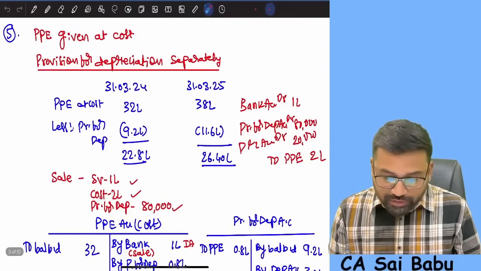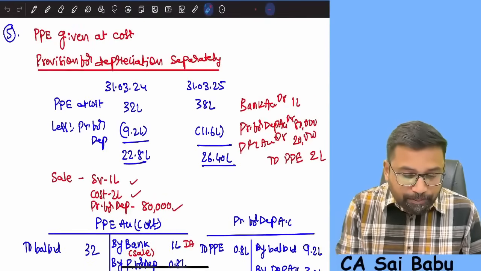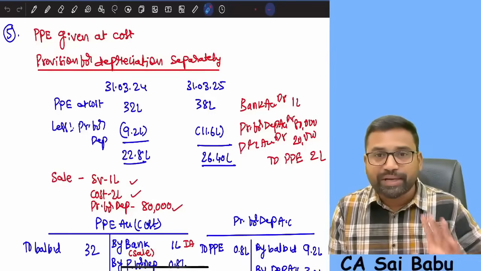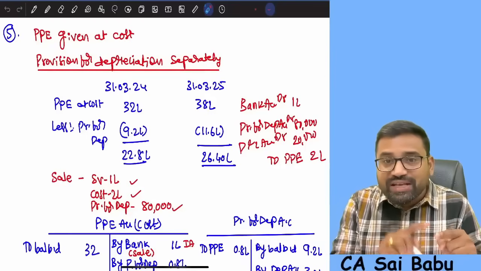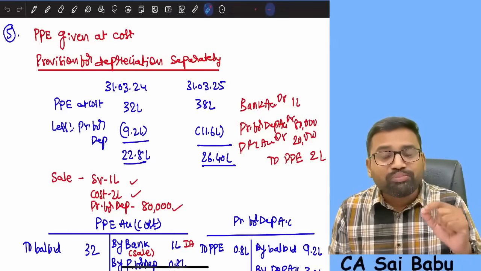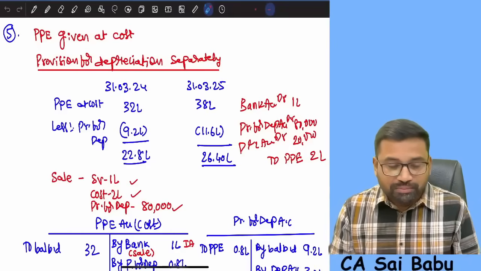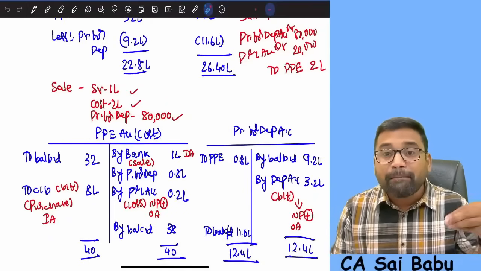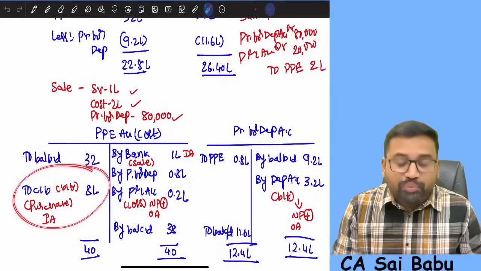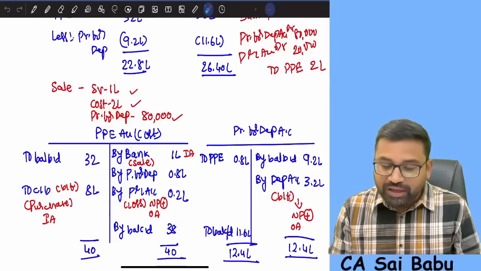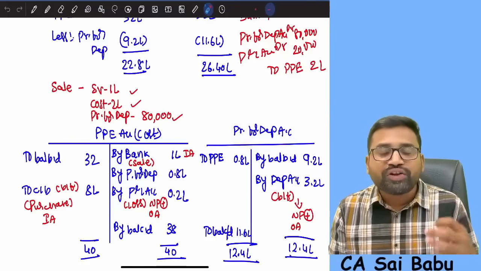And one more adjustment is PPE given at cost, sir, provision for depreciation given separately. Sir, when the asset is given at cost and provision for depreciation is given separately, try to prepare different ledger accounts, because the main purpose of preparing the PPE account is to ascertain the balancing figure. The balancing figure in most cases is additions during the year, which will come in investing activity. And try to prepare the provision for depreciation account.